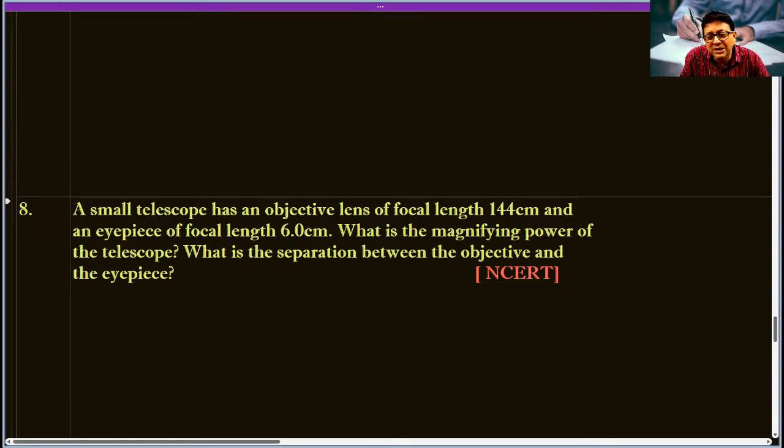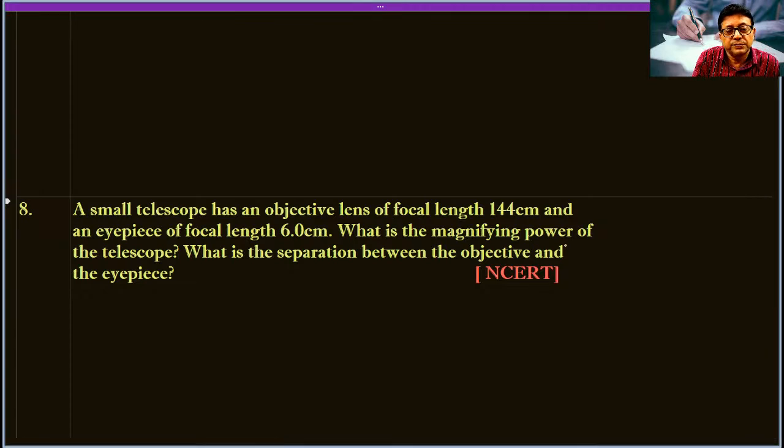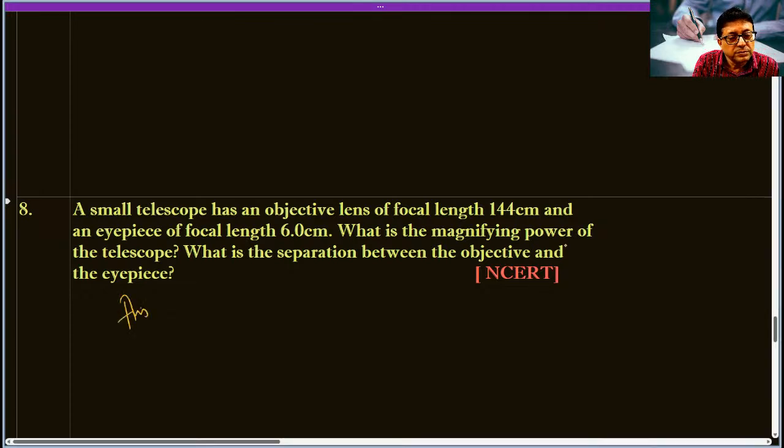This is very simple, just to remember the topic. What's the topic? Telescope. Telescope for what? Telescope for normal vision. Let us do it. Objective larger than eyepiece.